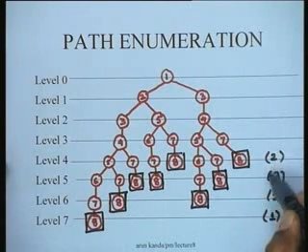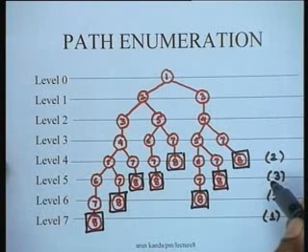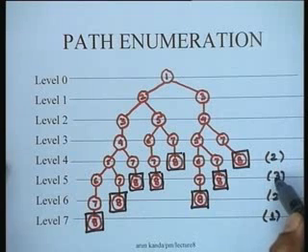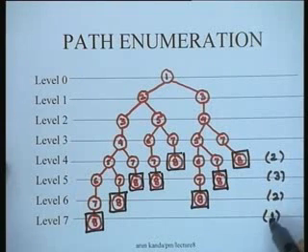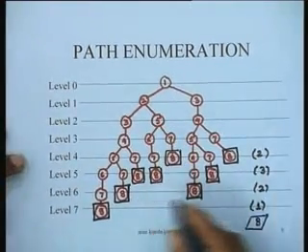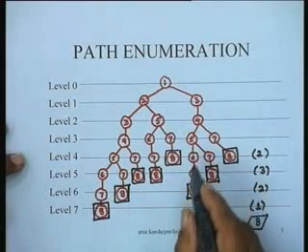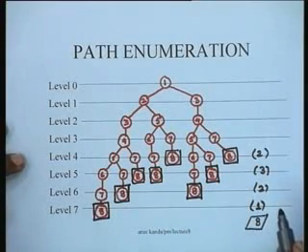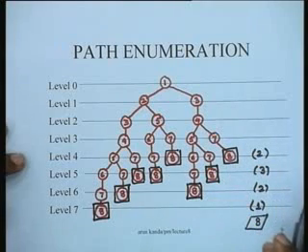So the total number of paths that has been discovered in this path enumeration exercise is 3 plus 2 is 5, and 2 is 7, and 1 is 8. So there are actually, for this example, 8 paths from source to sink in the network, and they have all been enumerated here, right? So this is a systematic tree enumeration algorithm which can be used for enumerating all the paths.